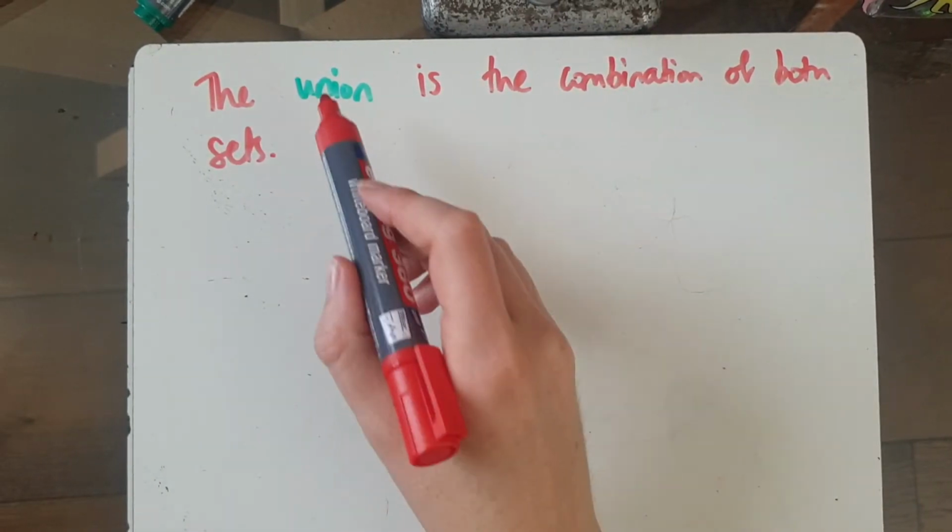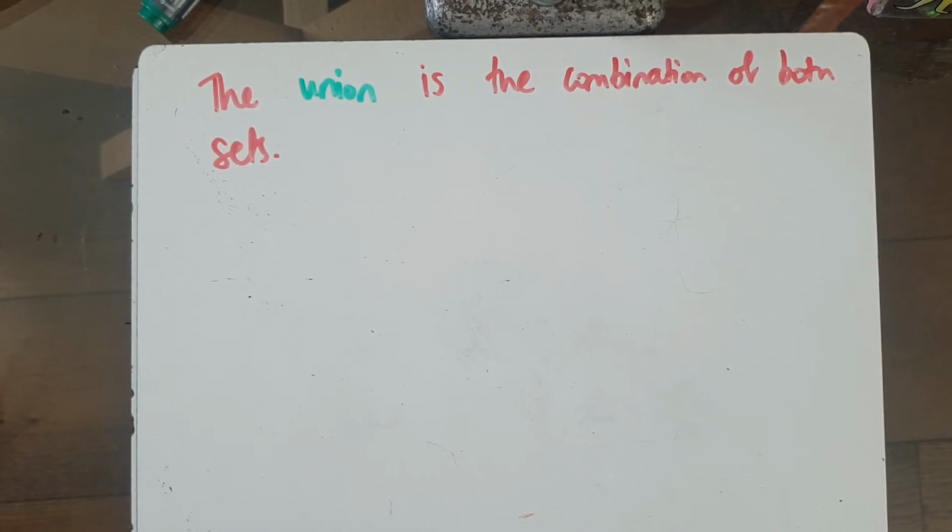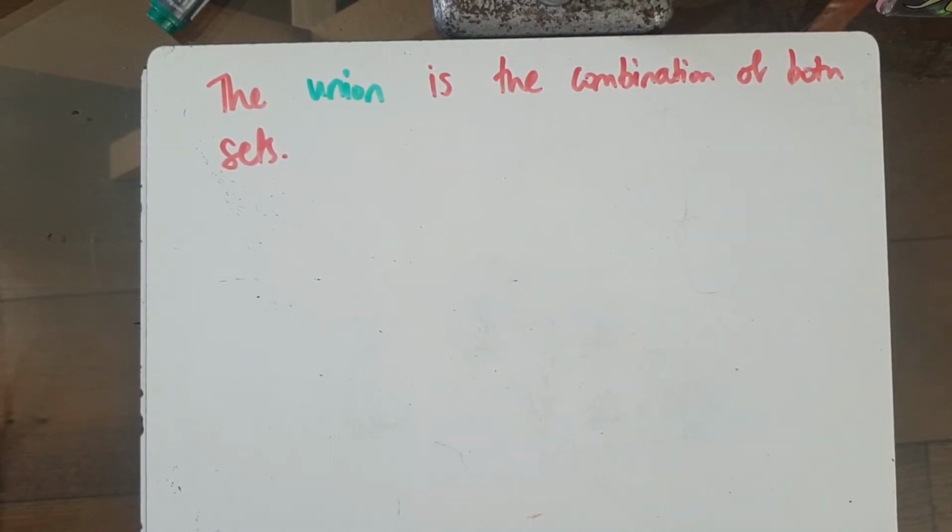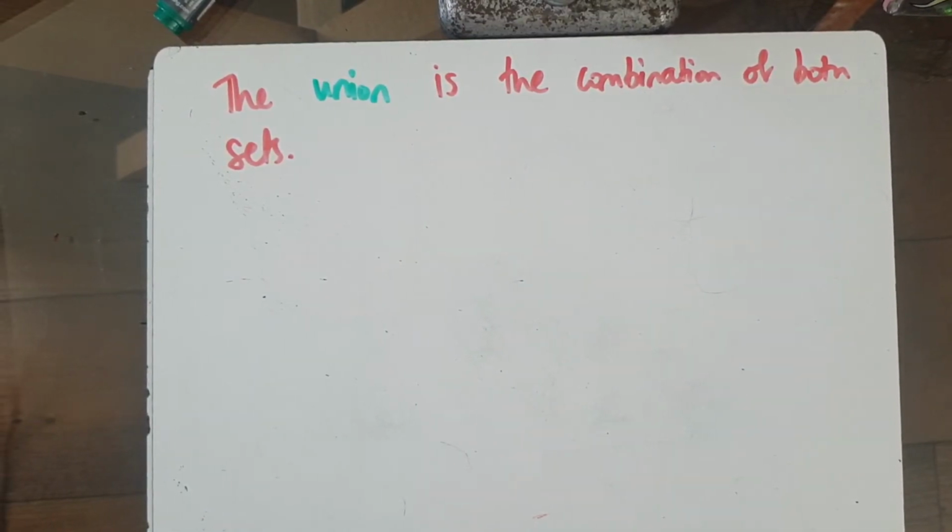The union is the combination of both sets, so the combination of two or more sets.